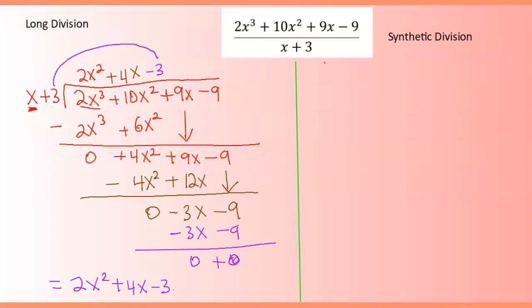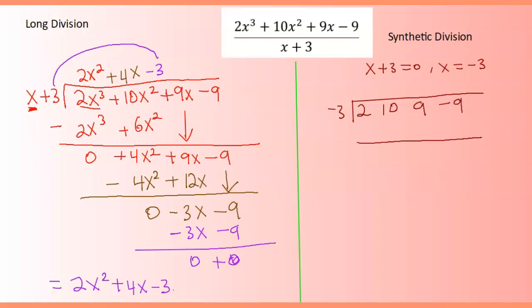Now let's use the synthetic method. So for you to get your divisor, it's always the opposite. So the divisor has to be negative 3. So negative 3 comes here. We write our coefficients 2, 10, 9, negative 9. You draw your line, you drop your 2 here, you multiply, you get negative 6, and you put it right here.